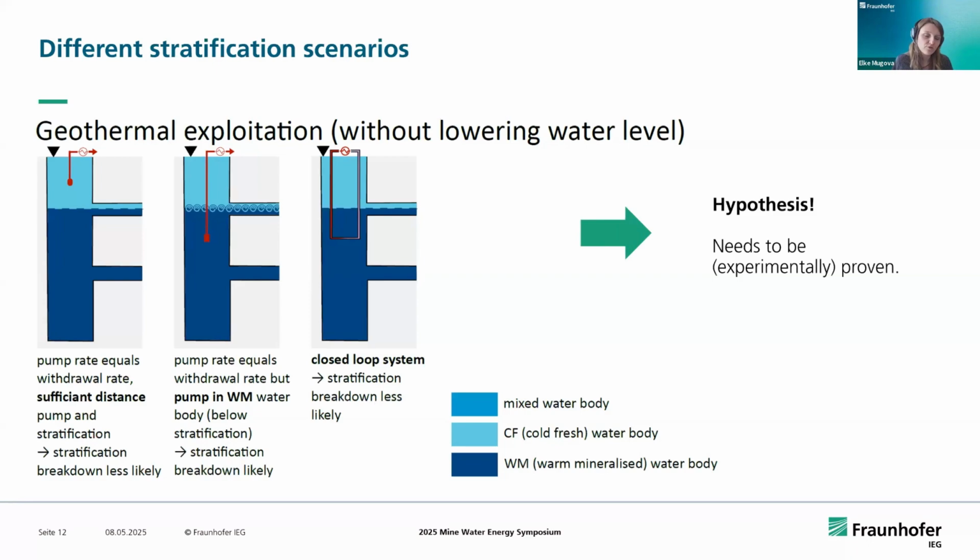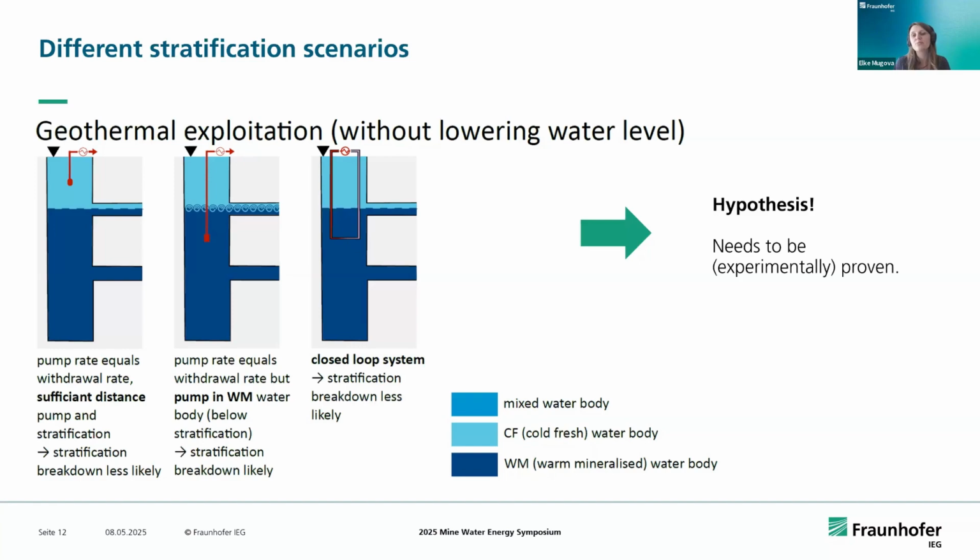So just to share with you our ideas: if the pump rate equals the withdrawal rate and you have a sufficient distance between the pump and the stratification, it's really less likely that the stratification breaks down. But if the pump rate equals the withdrawal rate, but you pump inside the warm mineralized water body, so below the stratification, it's more likely that the stratification will break down. And within a closed loop system, the stratification breakdown is less likely.